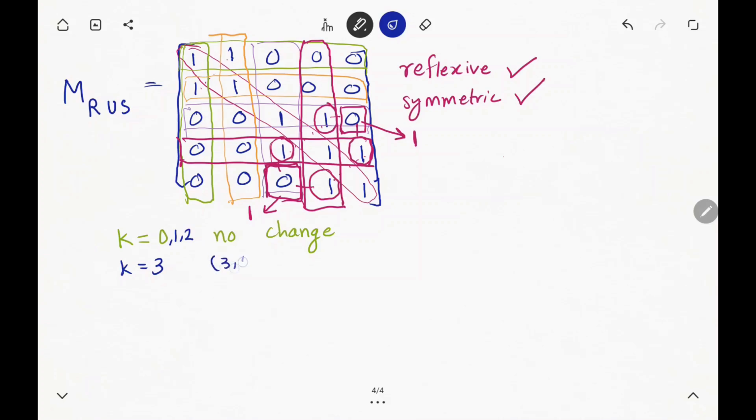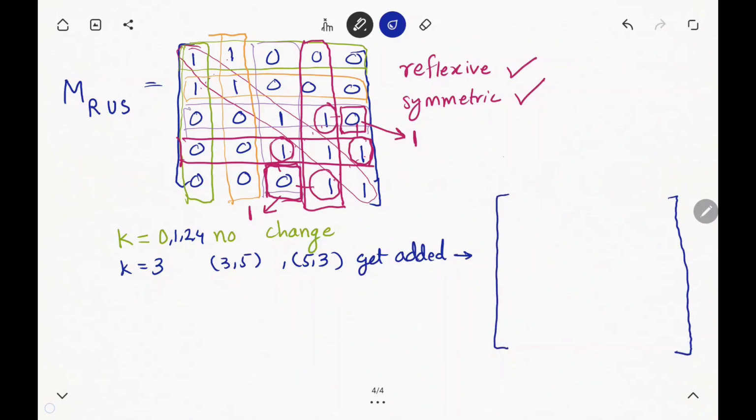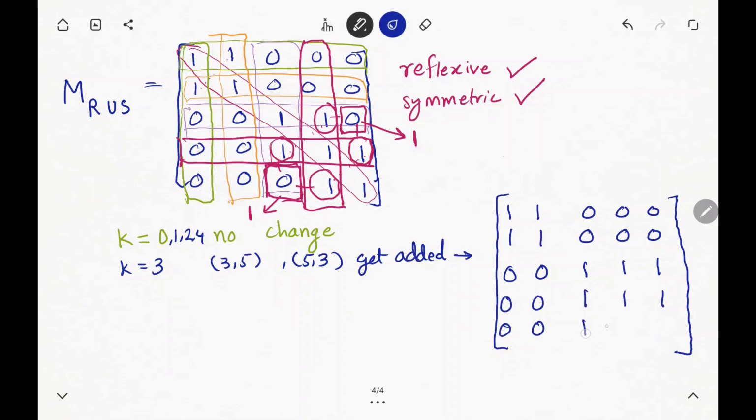Now, if you see this matrix, from this we can go back and write the relation. Compared to the original relation of R union S, only one extra pair is added, that is 3 comma 5 and 5 comma 3. Now we'll find the equivalence classes. The equivalence classes will give us the partitions.